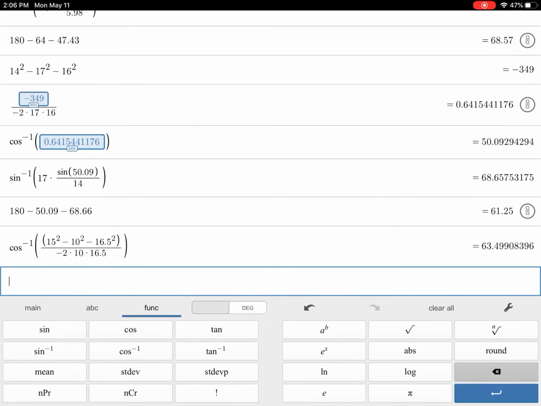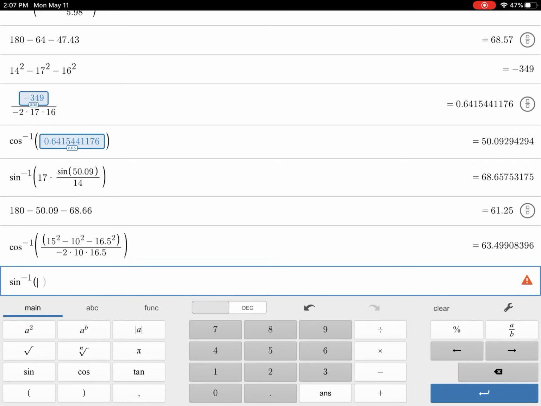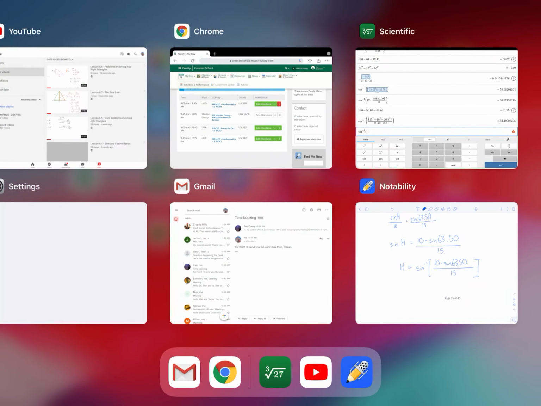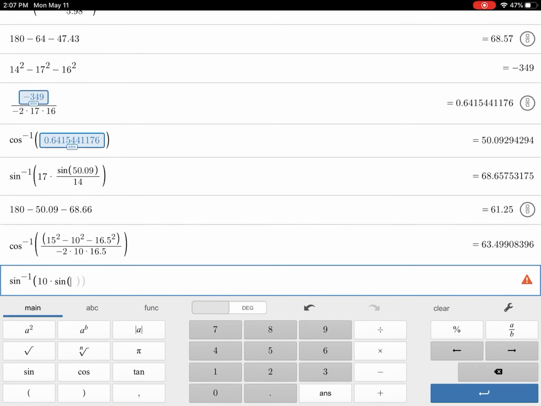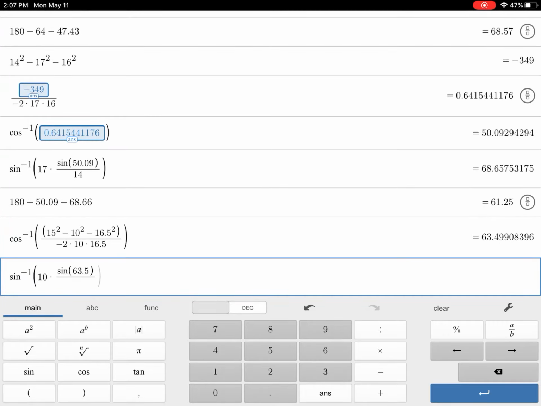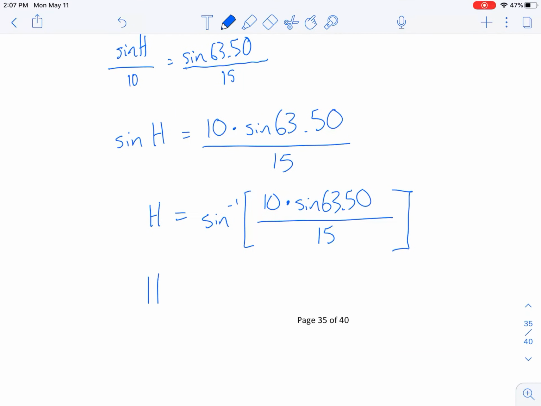Second function sine inverse of 10 times sine of 63.5 divided by 15 is equal to 36.628, or 36.63.